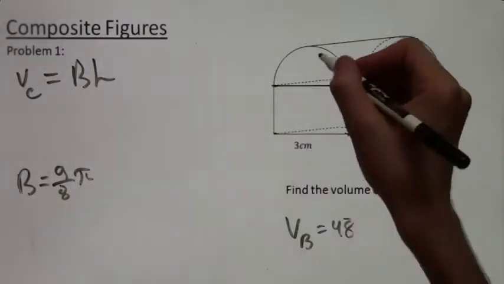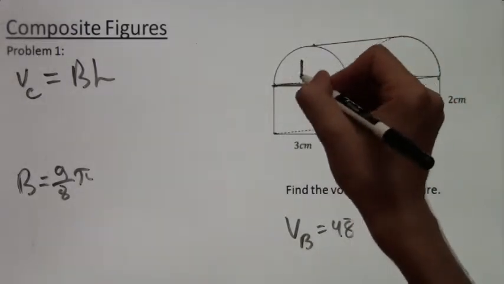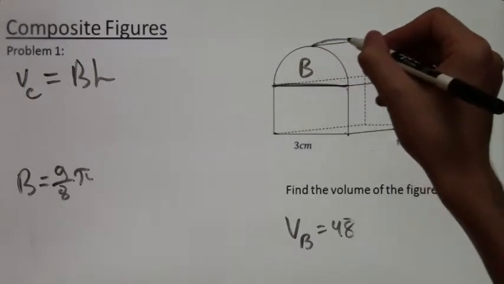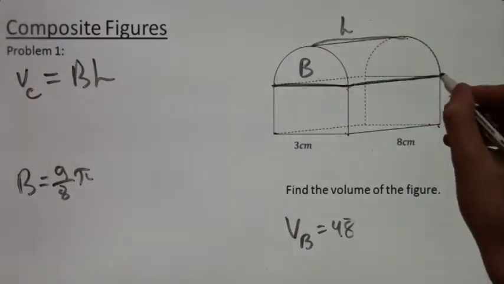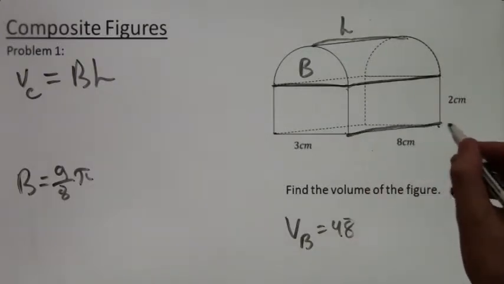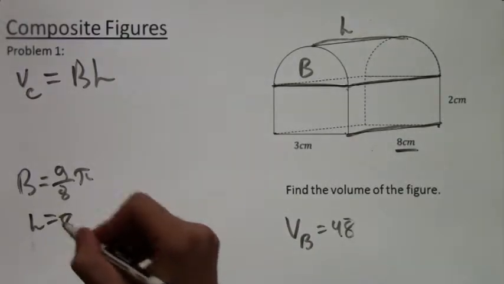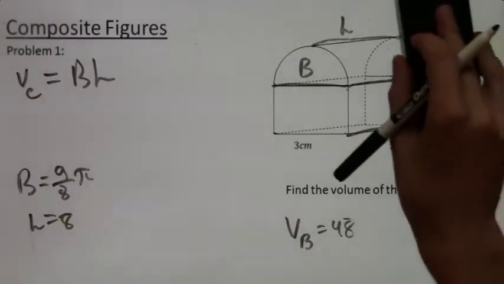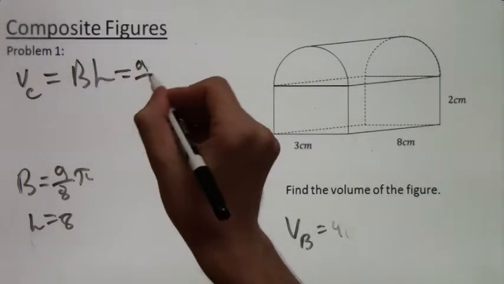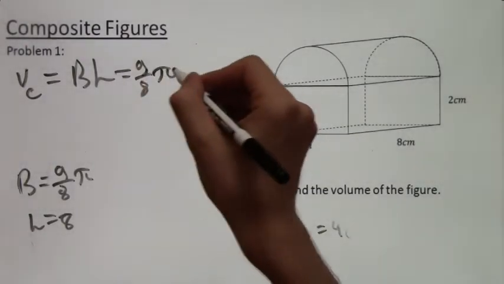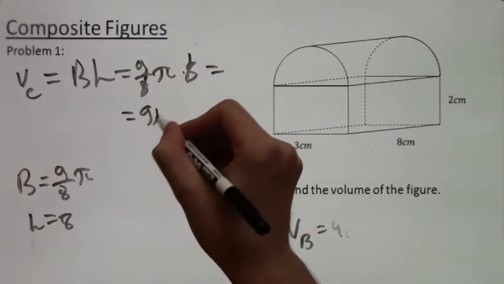And the height is 8 centimeters. In this case, the height is the distance from one semicircle to the other semicircle, because those are the two bases. Here you can see I'm highlighting all the equal heights. Those are all lengths equal to the height, and they're all equal to 8 centimeters. So we multiply 9/8 pi times 8, and of course we get 9 pi.